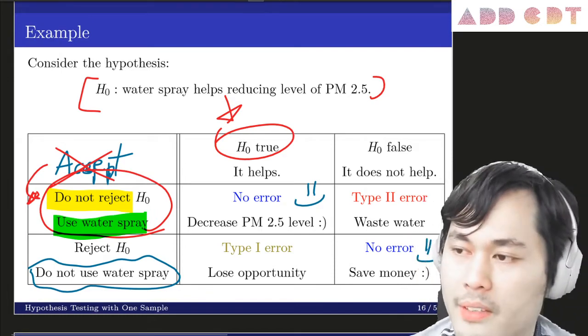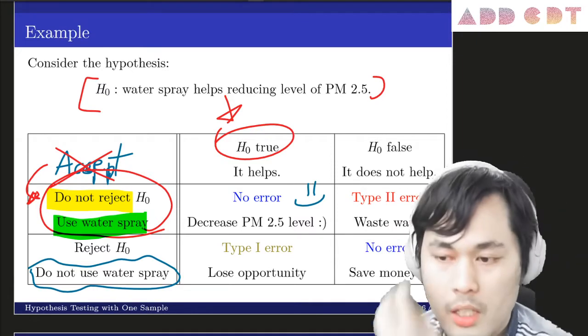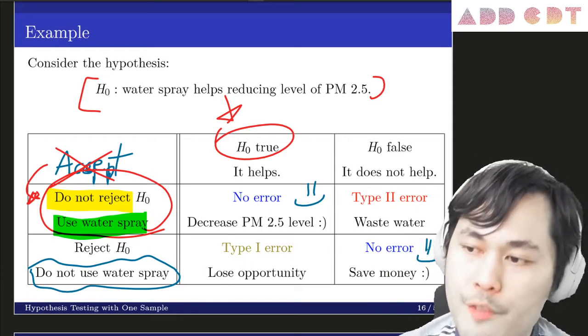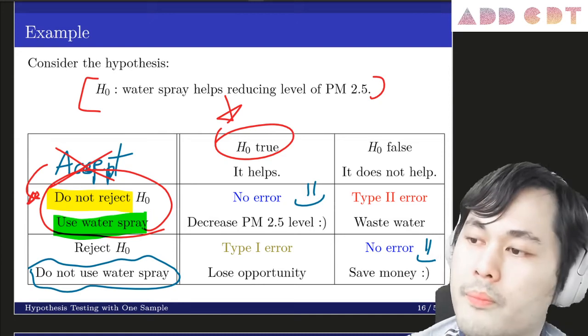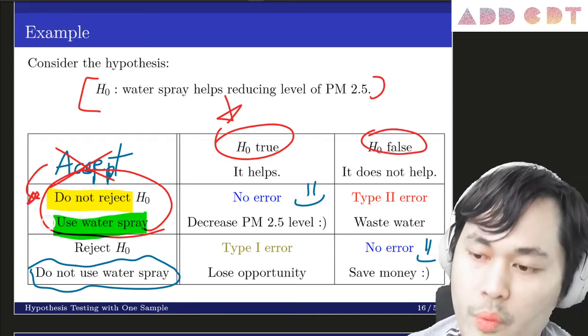On the other hand, of course there are two different scenarios here. If we do not reject, if we believe it does help, but in fact it doesn't, if it's false, that means we believe, so we use the water spray.